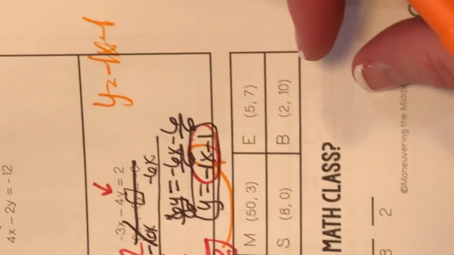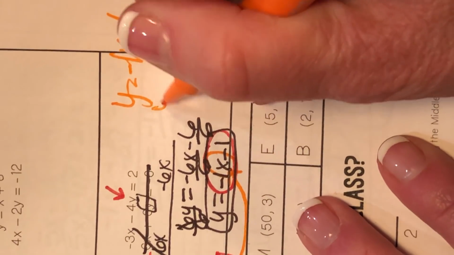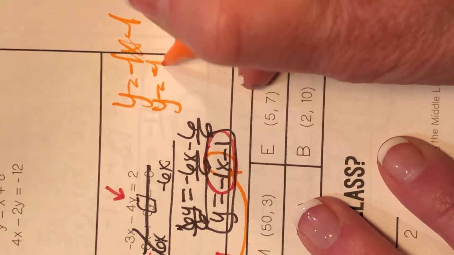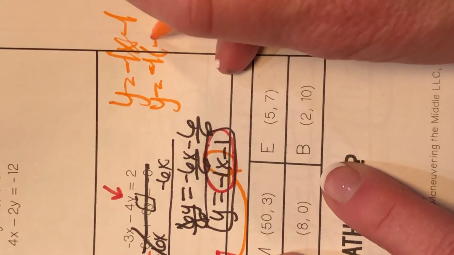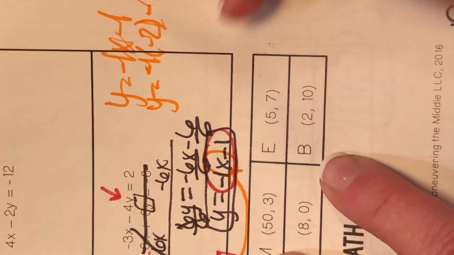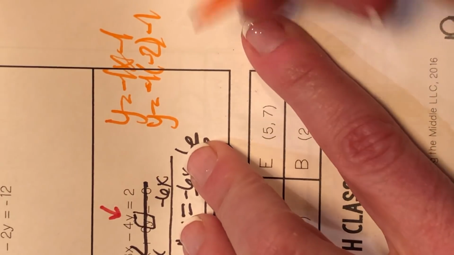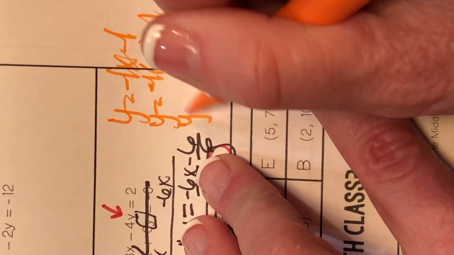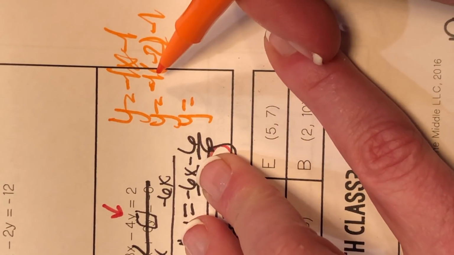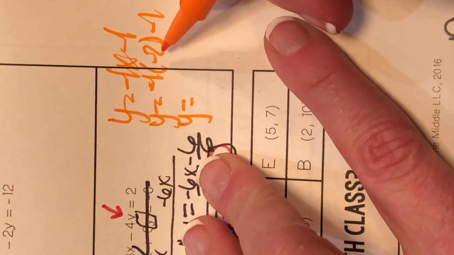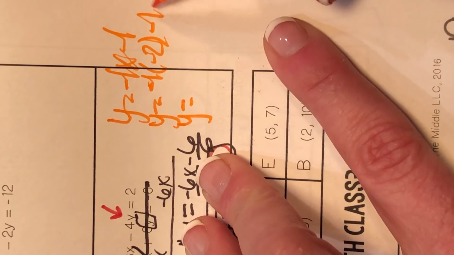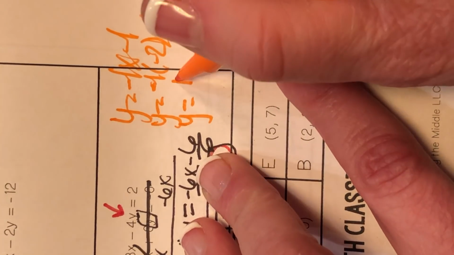Let me get it so you guys can actually see it. There we go. So then we have y equals negative 1 times negative 2, because that's what we just found x to be. And that's minus 1, of course. Y equals negative 1 times negative 2 is positive 2, and 2 minus 1 is 1.